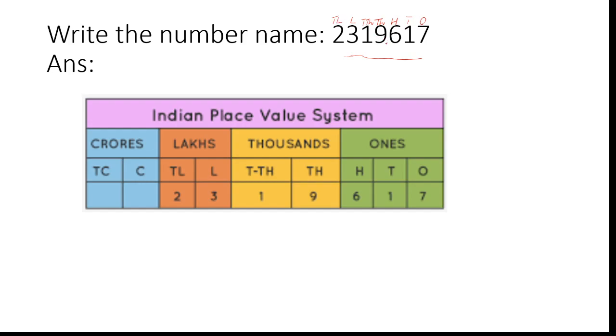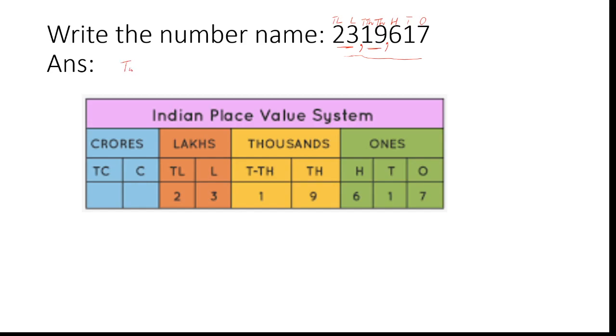After every period we will put a comma. 617 will come in ones period, these two will come in thousands period, and these two will come in lakhs period. So how will you write it, children?